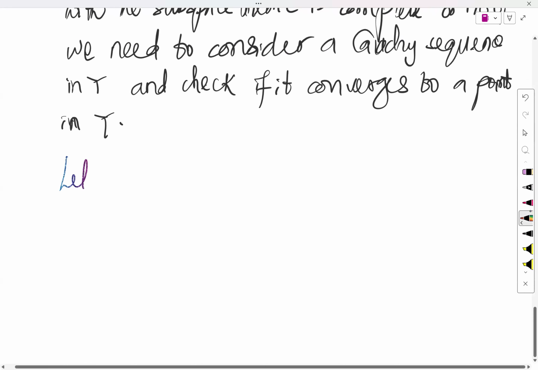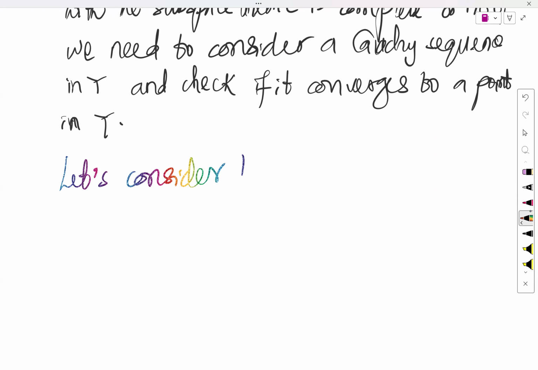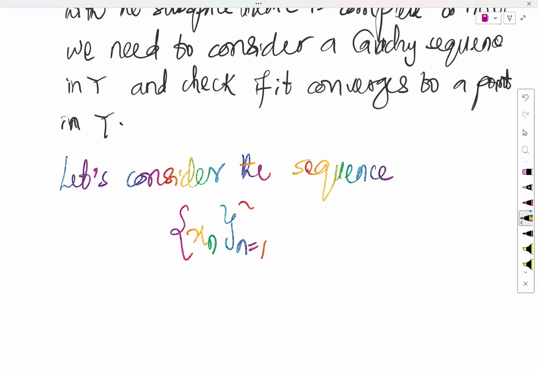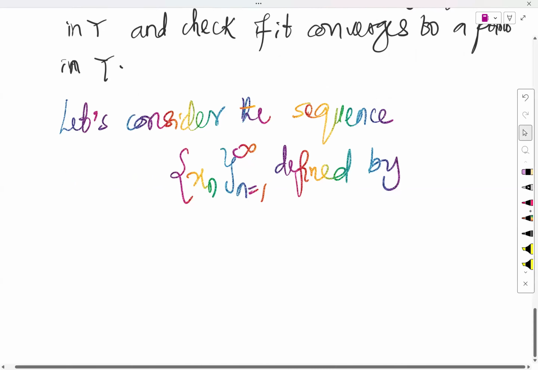Okay, so let's consider a particular Cauchy sequence, that popular sequence I told you about before: the sequence x_n, n equals 1 to infinity, defined by x_n equals 1 over n.